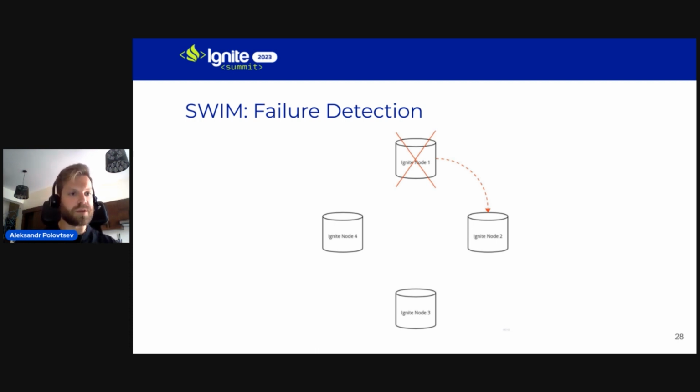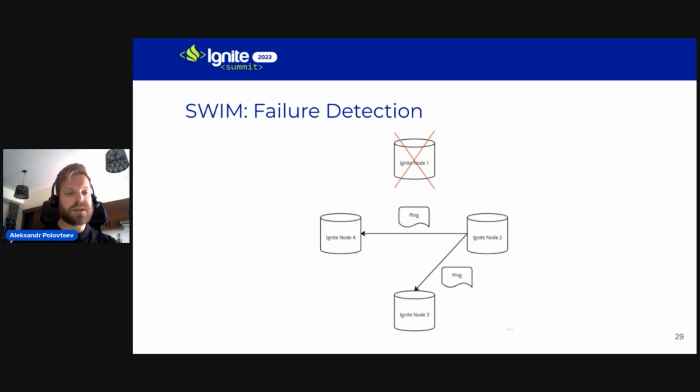When node number 2 detects that, using a timeout, it asks other members of the topology to ping this member indirectly. So it sends the same ping request to other members, but asks them to forward it to node number 1. This is needed because node number 1 might not have died, but instead it is simply unavailable to node number 2 using its communication channel.